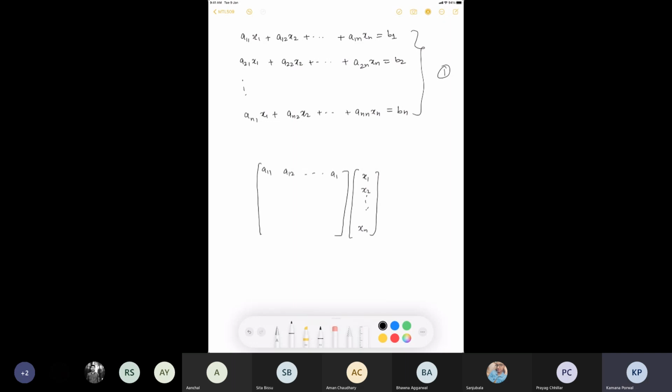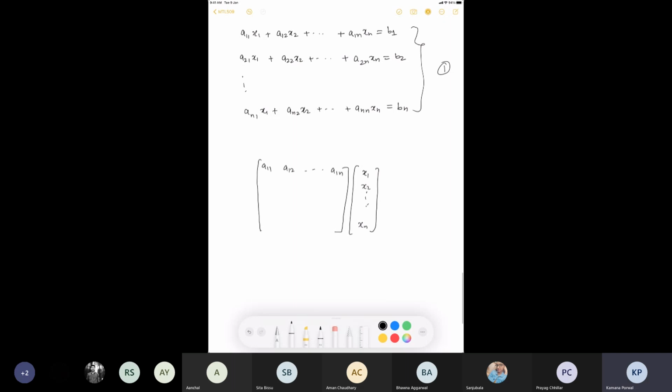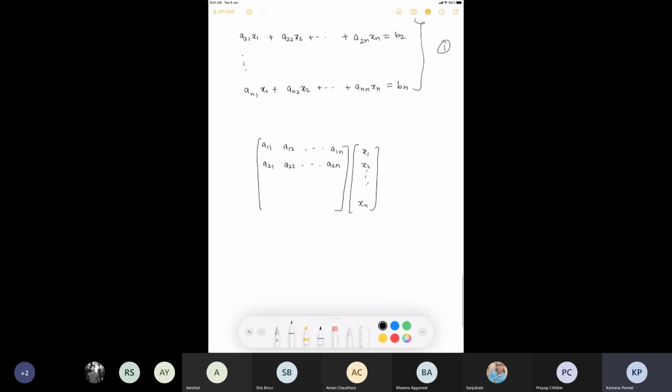This will correspond to the first row, that is the first equation. The second equation is going to give rise to the second row, so this is a21, a22 up to a2n. And likewise, the last row of this matrix is going to be an1, an2, ann. And this equals b1, b2 up to bn.